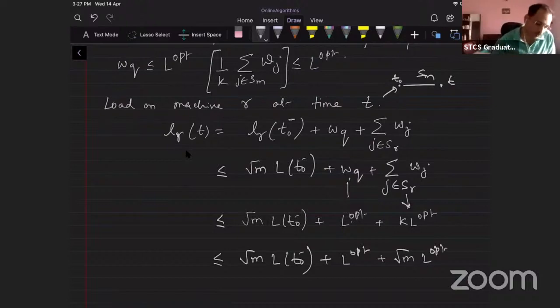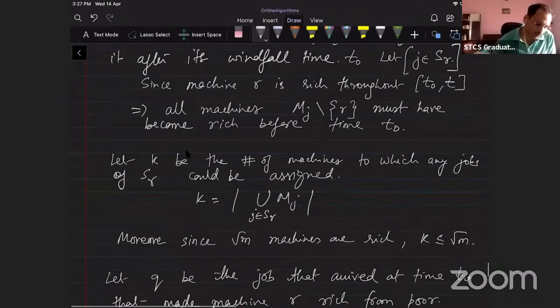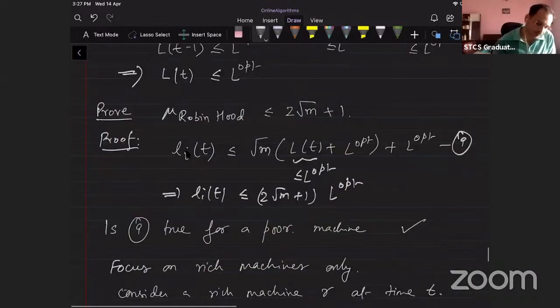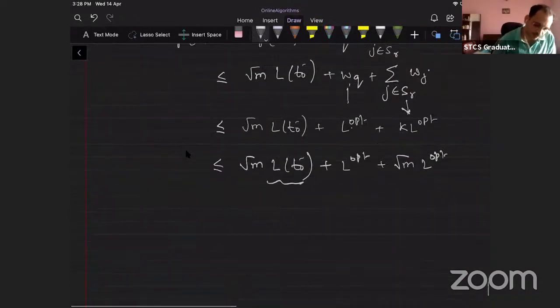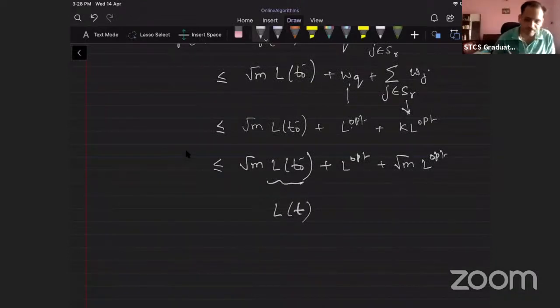See, what did I want to prove? L of t I know is already at most LOPT. So remember, equation number 9 is what I want to show. I want to show that Li of t is less than or equal to square root m times L of t plus LOPT plus LOPT. So what do I need to show further? That this quantity is at most L of t. And why is that?